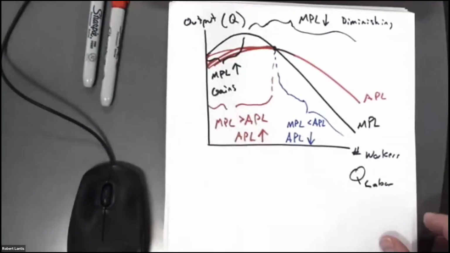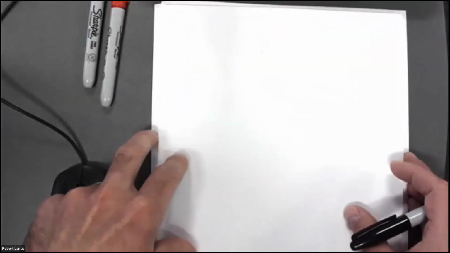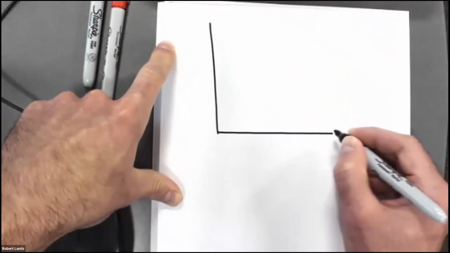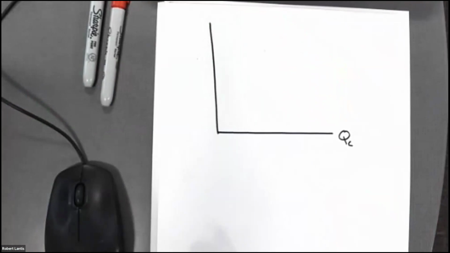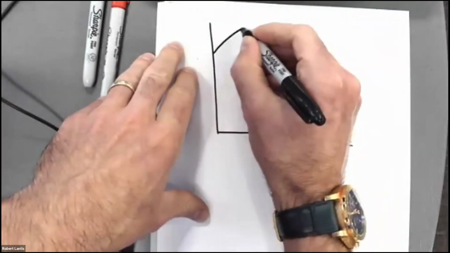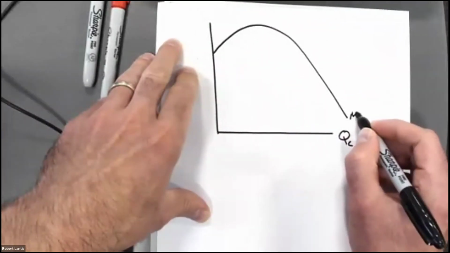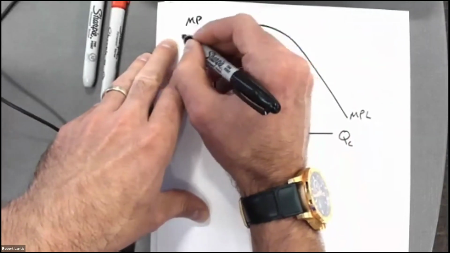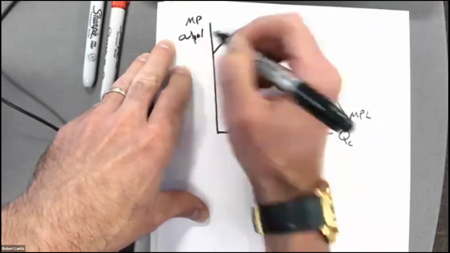Okay. So I could think about here this relationship between the marginal productivity of labor and my marginal costs, right? So if I think about this, and I've got quantity of labor here, here's my marginal productivity of labor curve, right? And this was kind of like our output, our marginal productivity of labor.